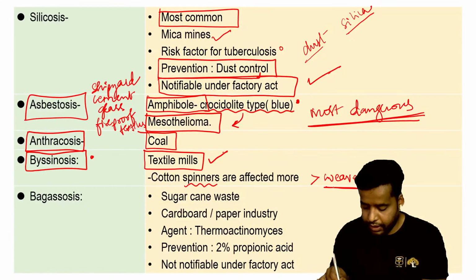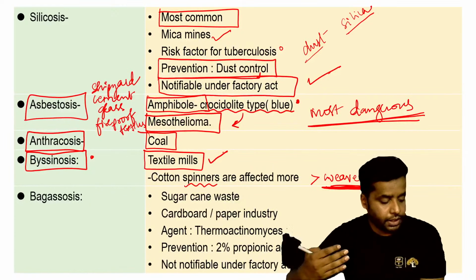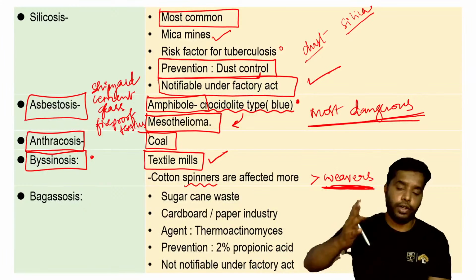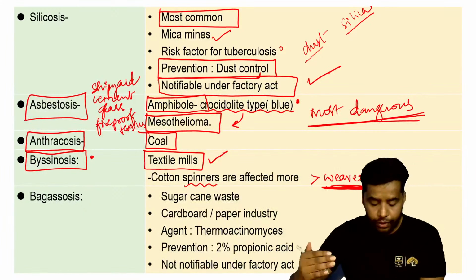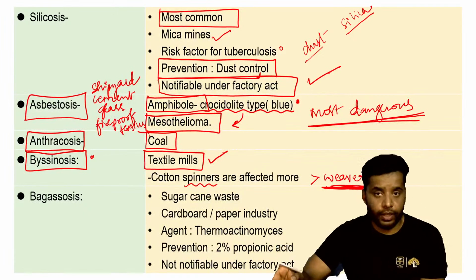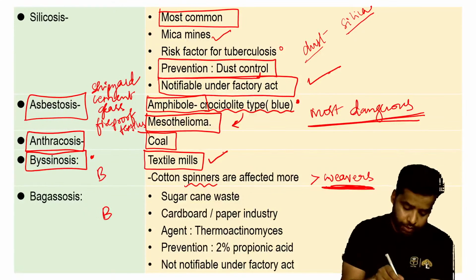The reason is that when you separate fibers from the seeds, the dust is more. So spinners do the work of separating dust from fibers, and the dust is more. Byssinosis, cotton spinners are affected more. Don't confuse byssinosis with bagassosis. You make a mistake between the two B's here.